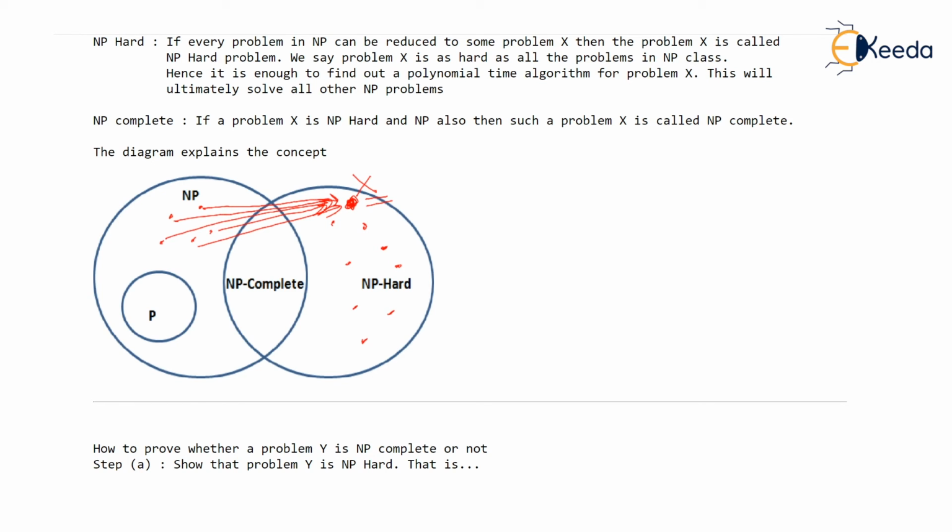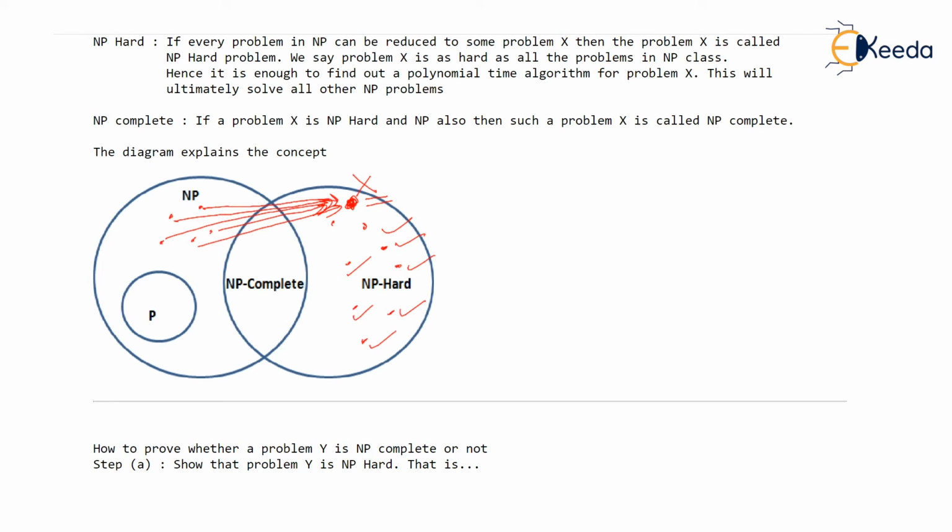If the solution is given, you can't write a polynomial time algorithm to check whether that solution really is the solution for problem X. So these are really hard problems, because even verification algorithms do not exist for them.